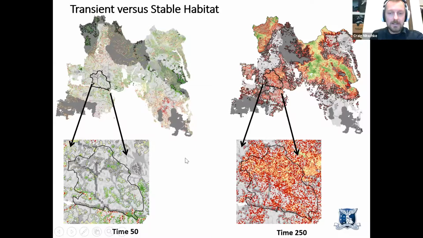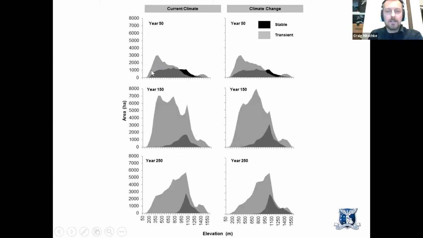Also spatially, we can look at the elevation gradient, the effects on how these habitat elements are distributed. So the black areas are the stable habitat areas that we've identified, and these gray areas are the transient ones. And you see over time, we get a lot more transient habitat developing. And again, the more time you simulate the dynamics of habitat, the more replicates you do, there are different parts of the landscape that could form habitat.